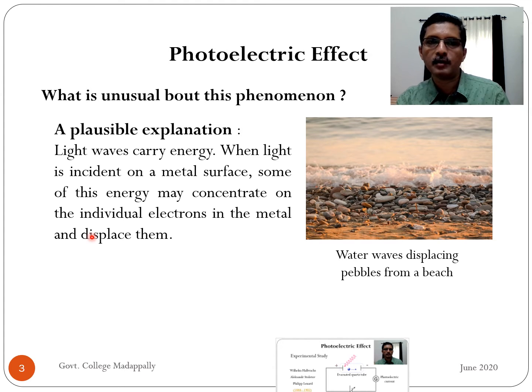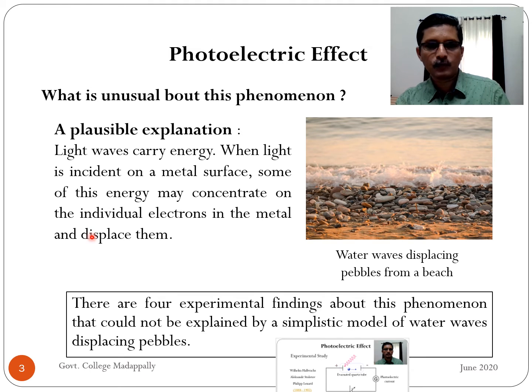So what can be unusual about this phenomenon? Let us see this. There are 4 experimental findings about this phenomenon that could not be explained by a simplistic model of water waves displacing pebbles, that means electromagnetic waves displacing electrons from a metal surface just like water waves displace pebbles on a beach.